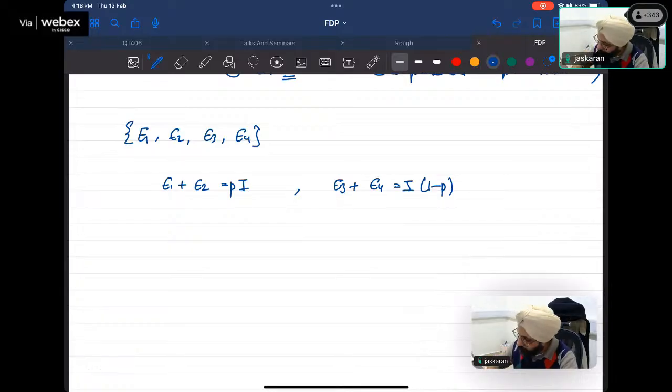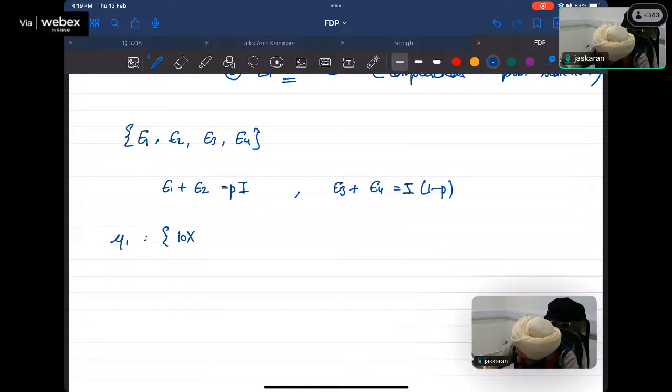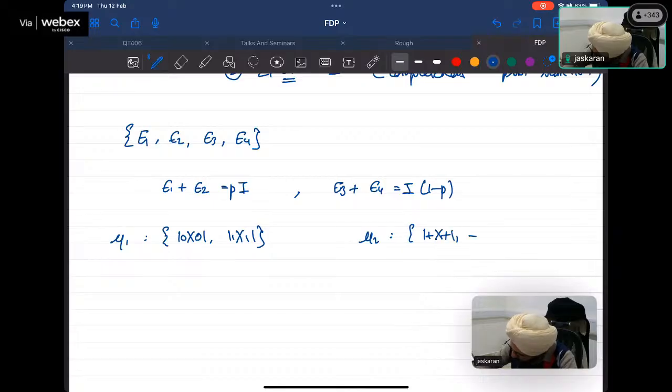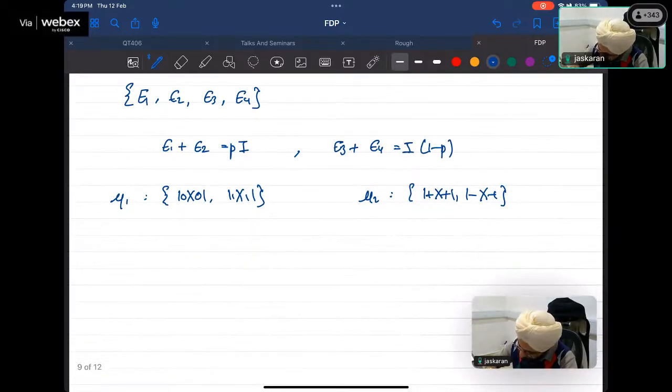Moreover, we can again simplify them. We can say, okay, corresponding to mu1, my outcomes would have been, let's say, the projectors |0><0|, |1><1|. And corresponding to, let's say, mu2, the basis would have been, let's say, |+><+| and |-><-|, right? So here, with probability p, I will be implementing mu1. With probability 1 minus p, I will be implementing mu2.